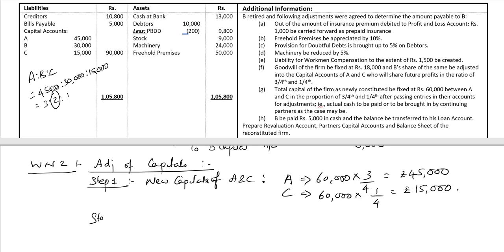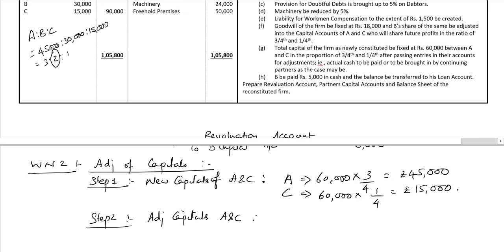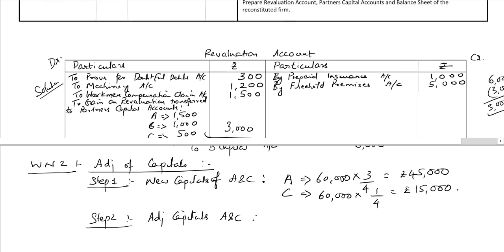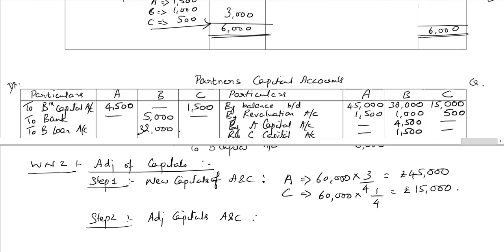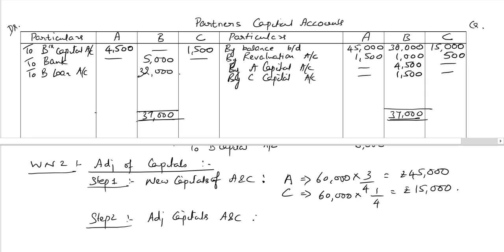Step 2 is to calculate the adjusted capitals. That is the capitals of A and C after all adjustments are done. The top screen we will adjust to show the partners' capital accounts. So in the case of A, it's 46,500 rupees minus 4,500 rupees.